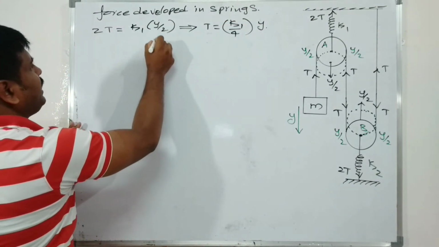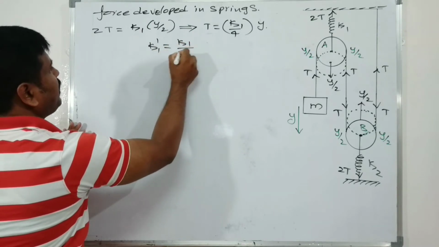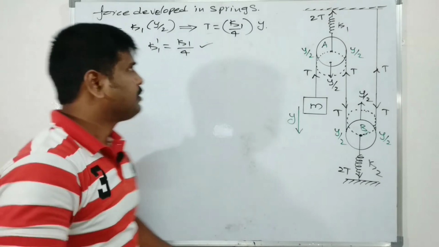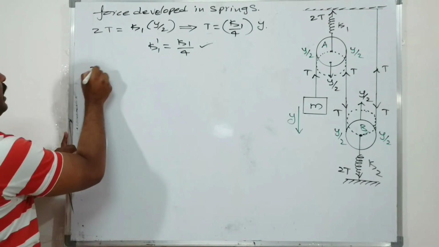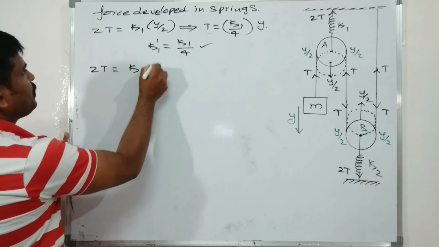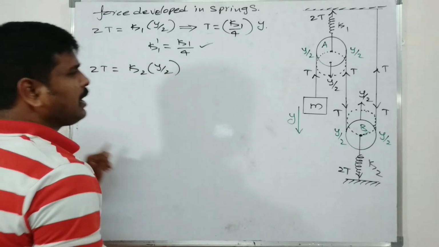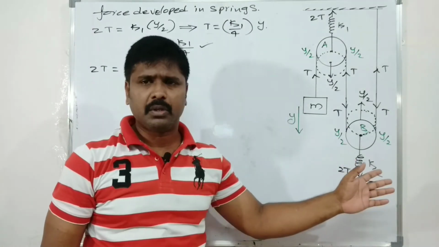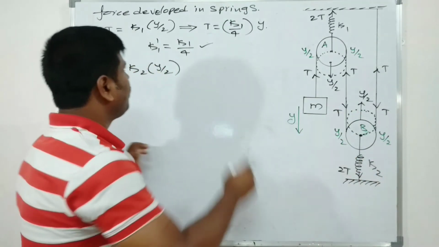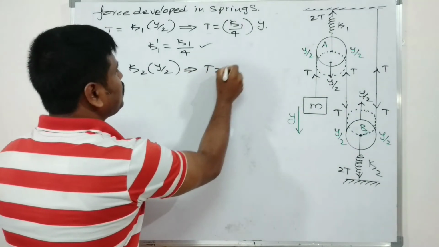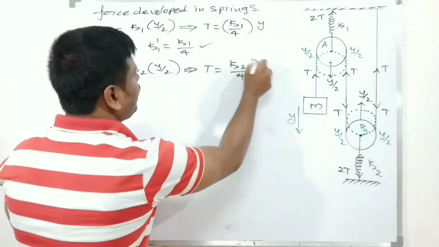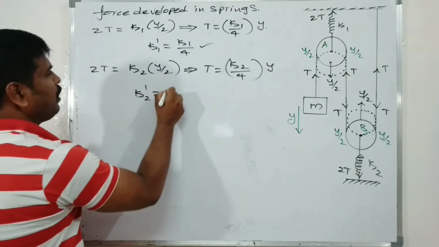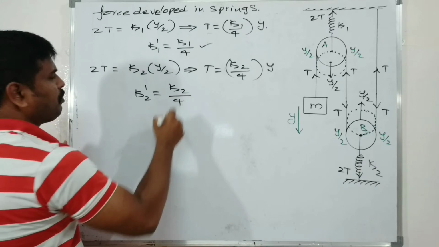Here K1 dash is equal to K1 divided by 4 that we are considering. For the second one also we get 2T equal to K2 times y by 2 only. Directions are opposite but magnitude is the same for both pulleys and springs. So T is equal to K2 divided by 4 into y, and K2 dash is equal to K2 divided by 4.